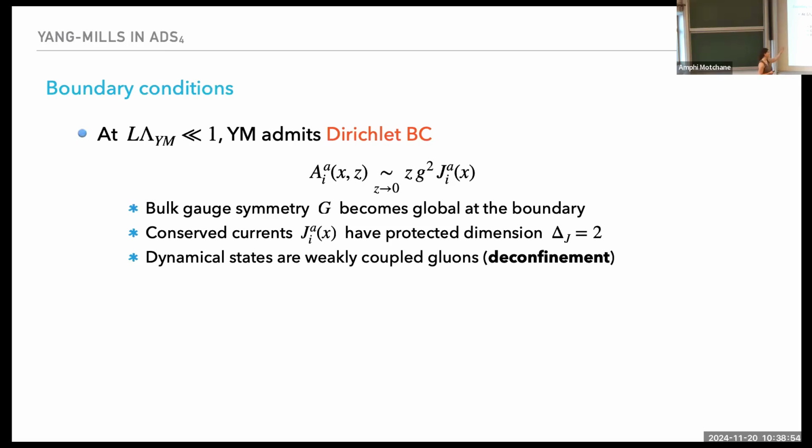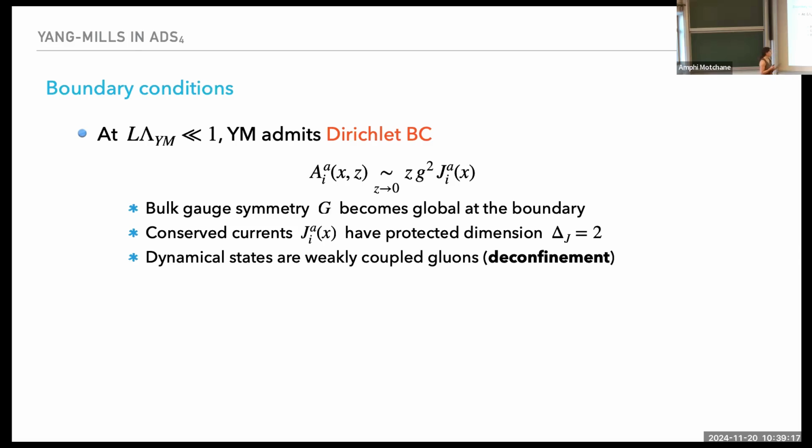These are Dirichlet boundary conditions. In this case, the bulk gauge symmetry becomes a global symmetry, and the gauge field asymptotes to a global current, which has protected dimension equal to d minus 1, so in this case equal to 2.